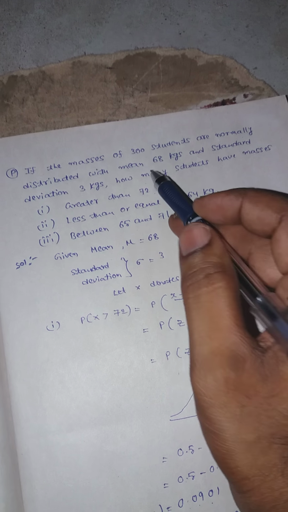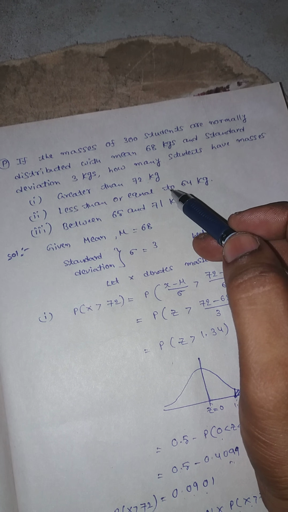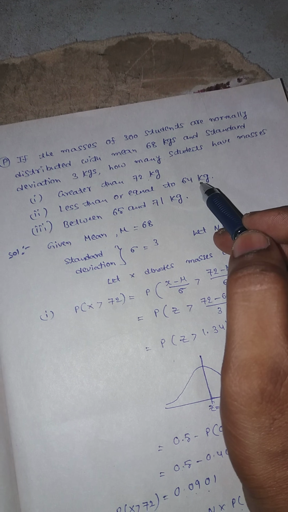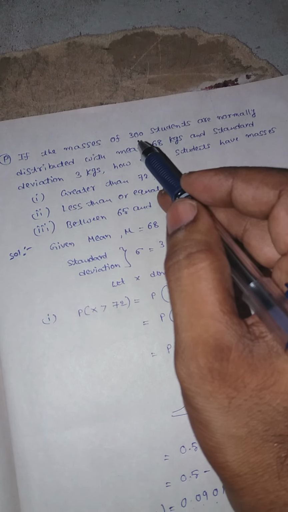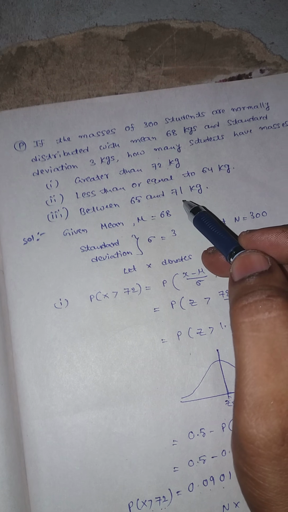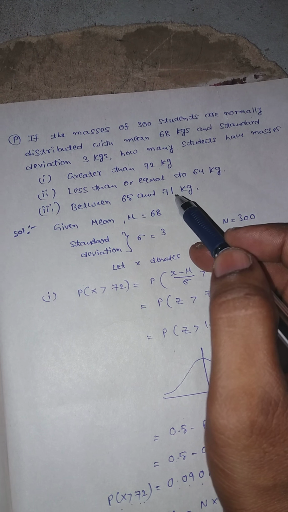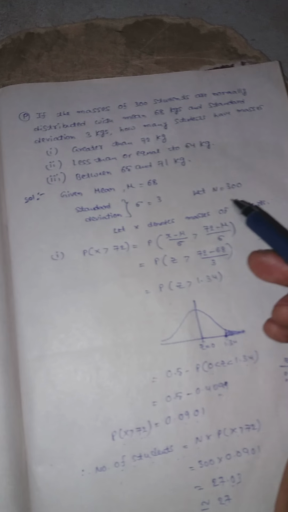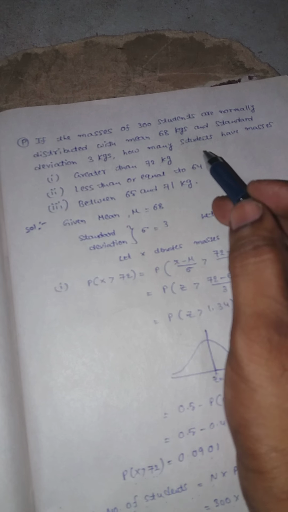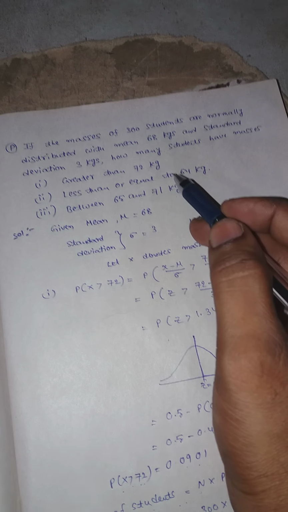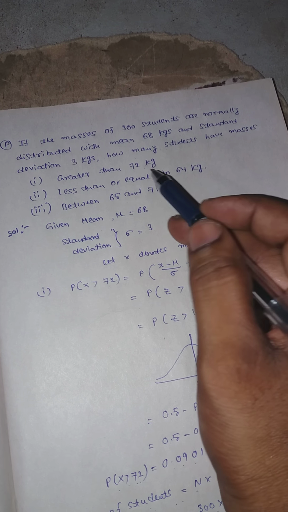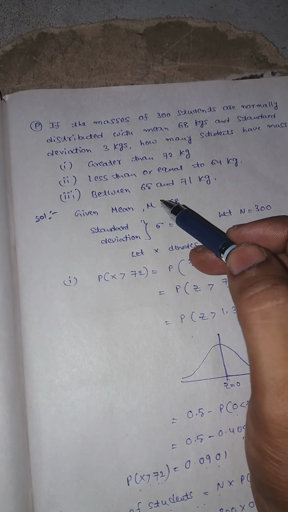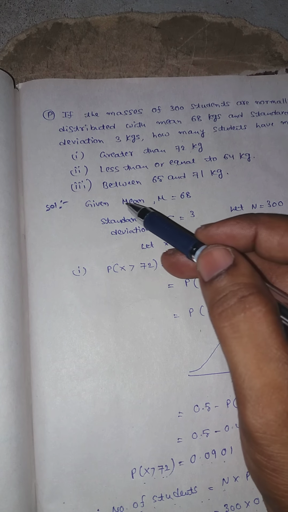That is enough. For the second bit, find the related probability and multiply with 300, and the same for the third bit. That is the simple thing. So first we have to find probabilities, which means you need an idea of how to find probabilities related to normal distribution. Now let me move on to the solution.